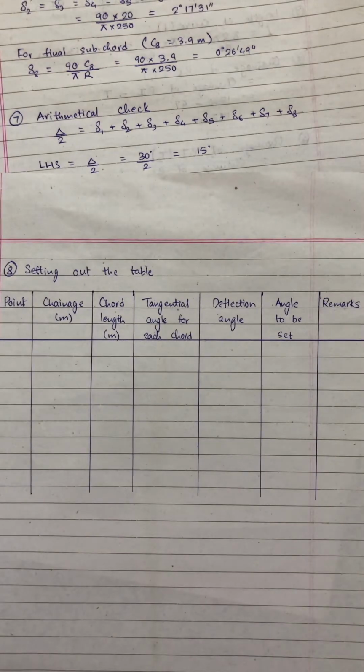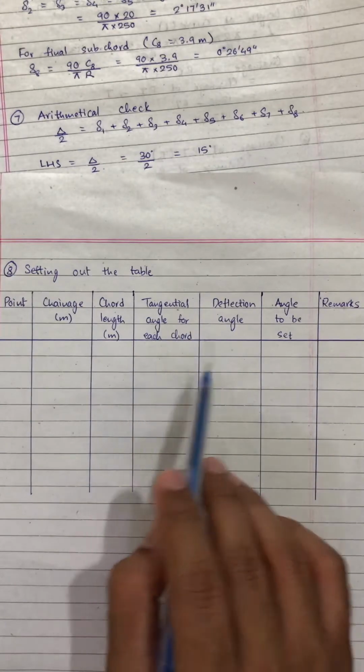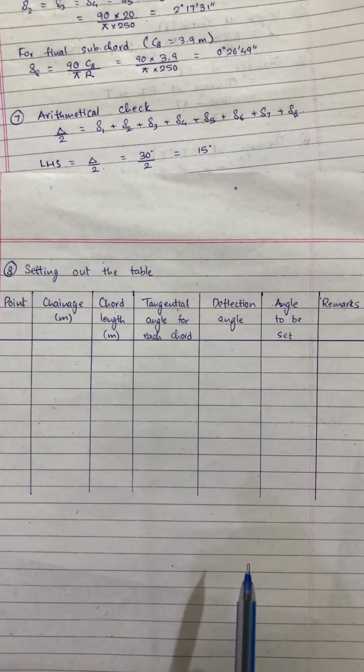This table is needed because this method, the Rankine's method, is done with the help of a theodolite. So the theodolite is used with the help of these deflection angles or tangential angles, and the angle to be set has to be marked out in a table.